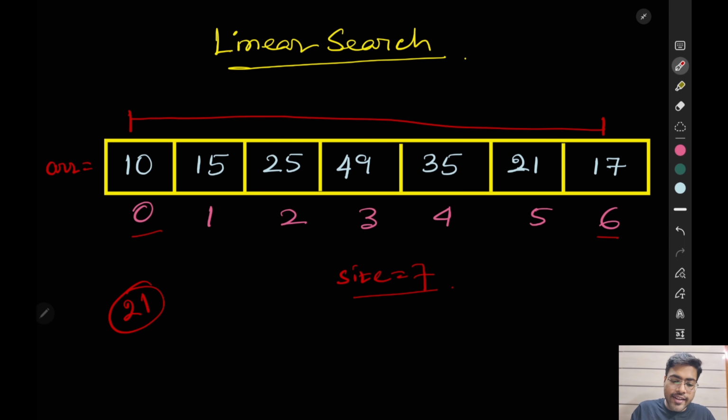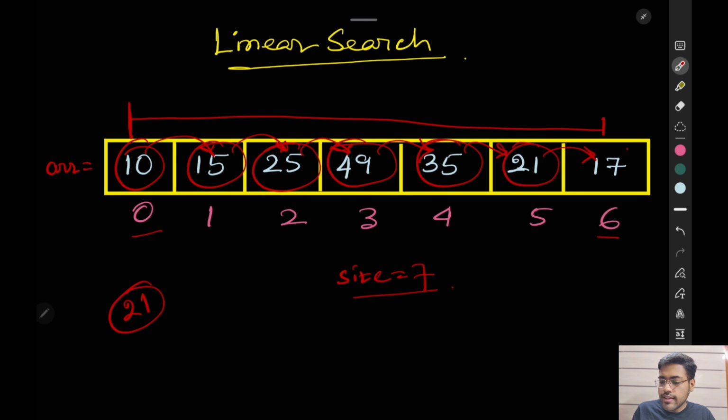And for checking that, I have to start the checking from the beginning and I have to check one by one. That means from 10 to 15, then 25, then 49, then 35, then 21 and then 17 and then end.